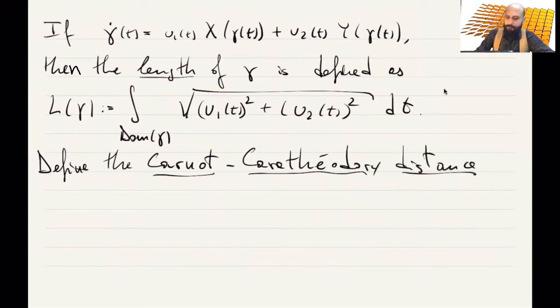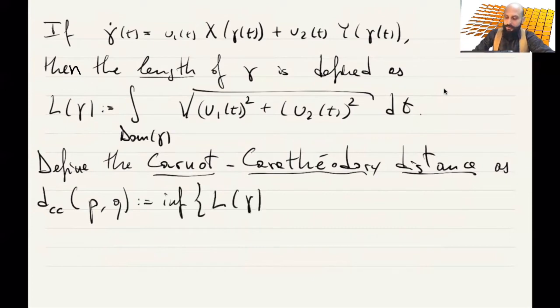That is, the distance d_CC, where CC stands for Carnot-Carathéodory, between two points P and Q is the infimum of the length of gamma, such that gamma is a horizontal curve that goes from P to Q.